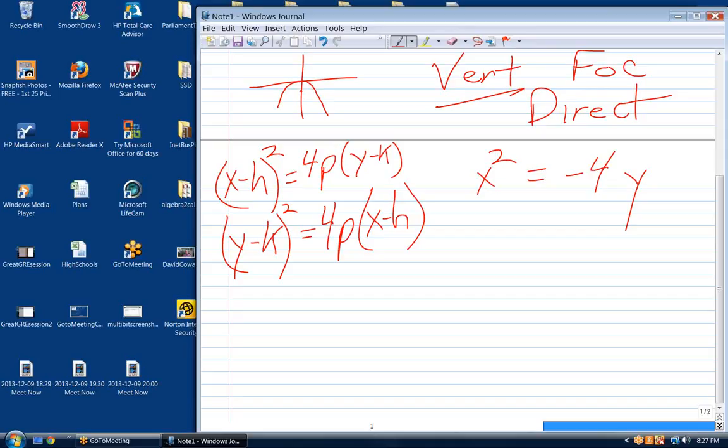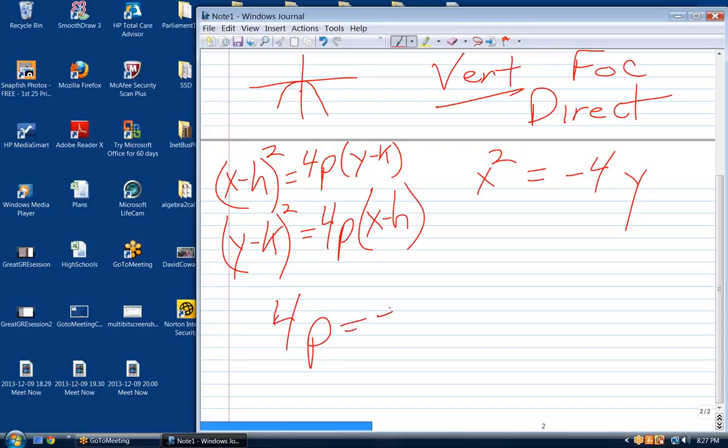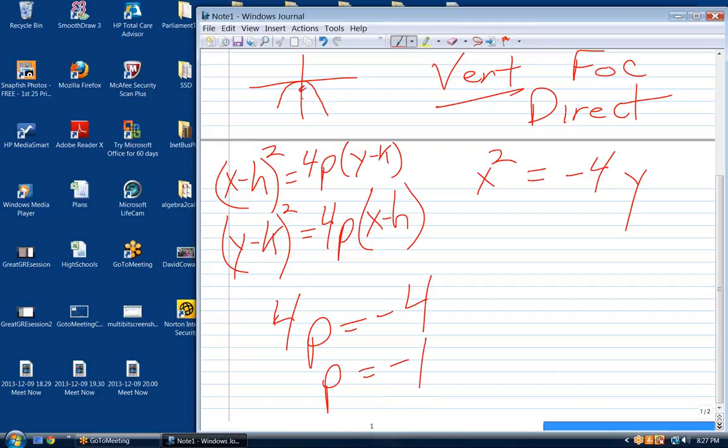No, I don't think we did it. So what's P? What's 4P equal to? Negative 4. So what's P? Negative 1. So where's the focus? What's the coordinates of that point? Negative 1, 0. Look at it again. 0, negative 1. Yep.